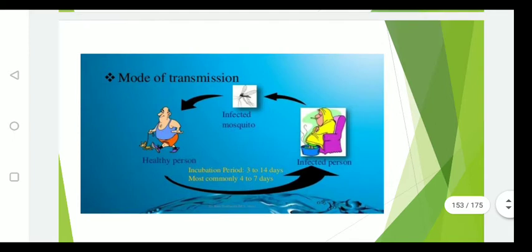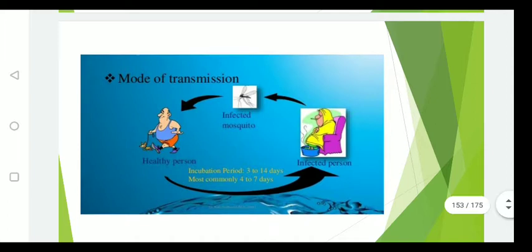So the healthy person becomes an infected person. Firstly the female Aedes mosquito bites the infected person and becomes infected, and this infected mosquito goes towards the healthy person for biting, and the healthy person also becomes infected. This cycle goes on in dengue.